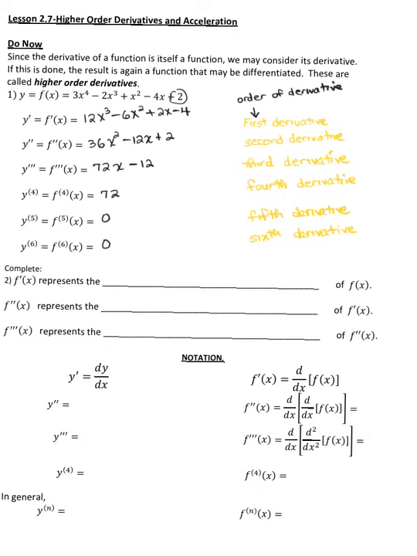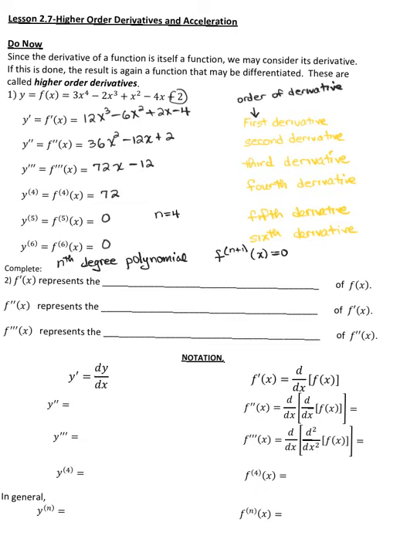So we can generalize that for an nth degree polynomial, the n plus first derivative of the function would equal 0, and any order greater than that would be 0. So in this case, when n is 4, the fifth derivative would begin equaling 0 and on.